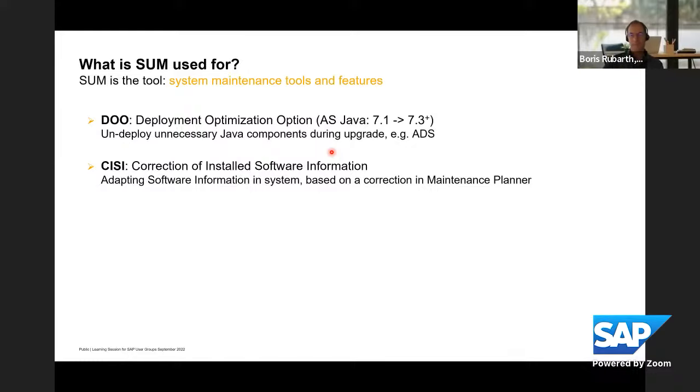And there were some seldom situations where those relationships in the system as such were not correct. And the maintenance planner, the tool that is used to plan a maintenance or an upgrade, offers a way to adjust those settings, and the software update manager will then be capable to apply this correction to the backend system as such.